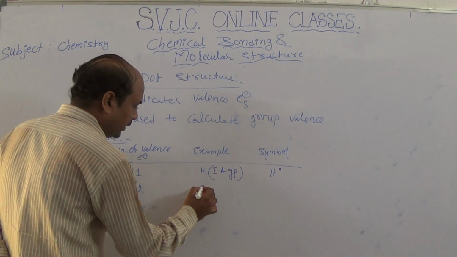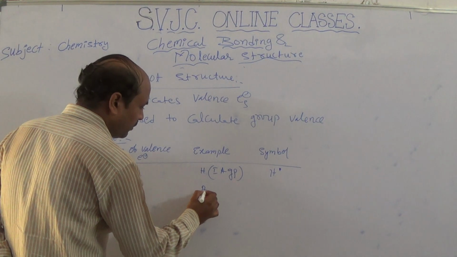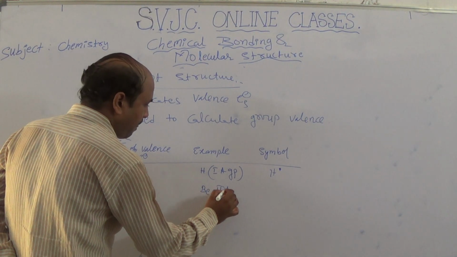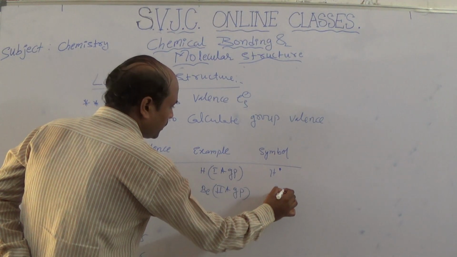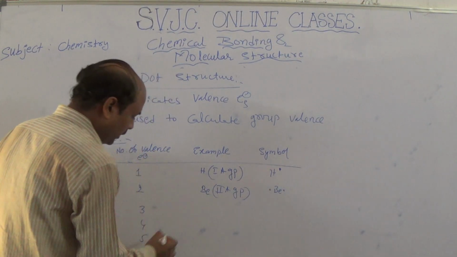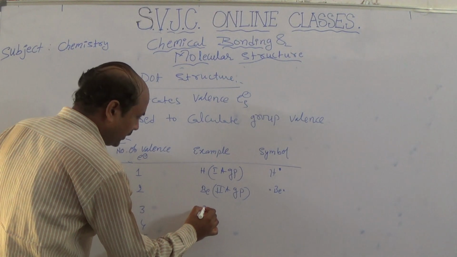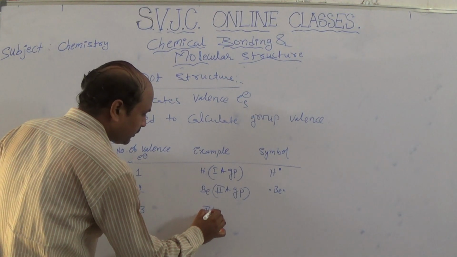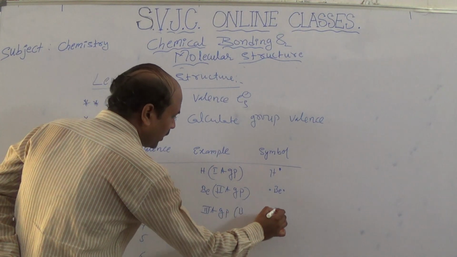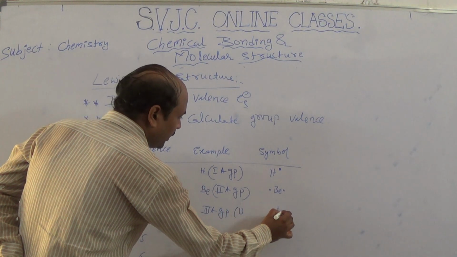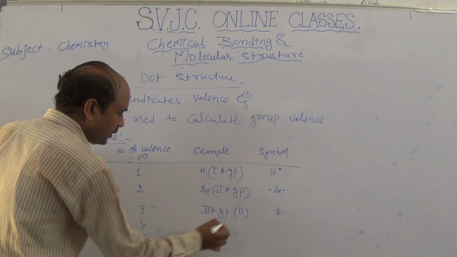Then you can take second A group elements like beryllium, and similarly third A group elements, for example boron, having only 3 valence electrons.